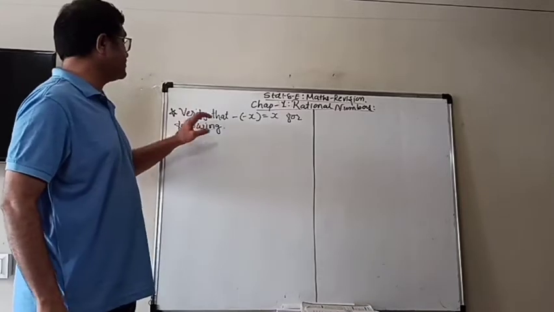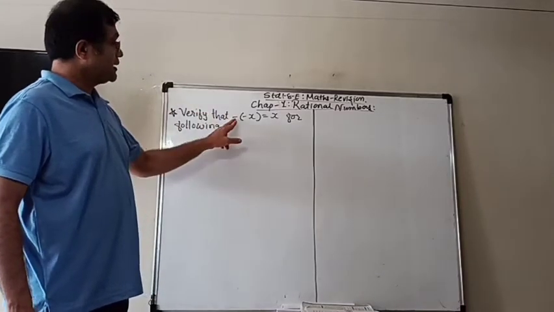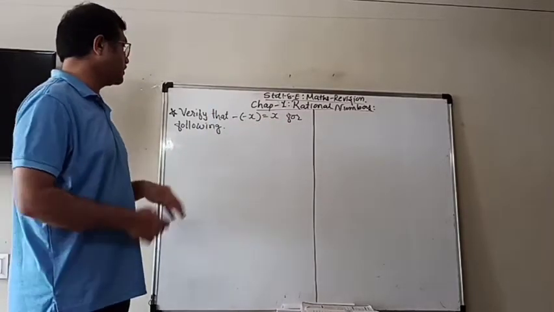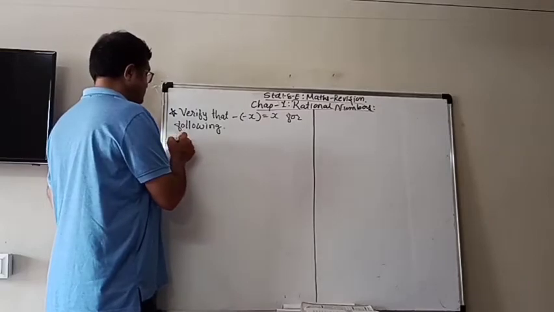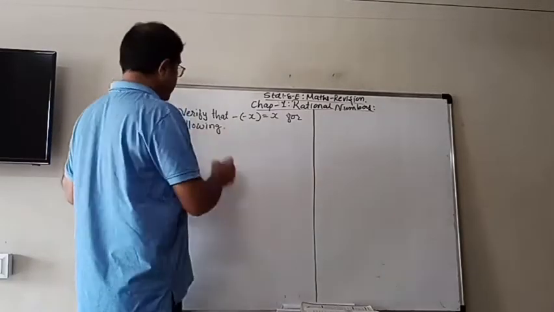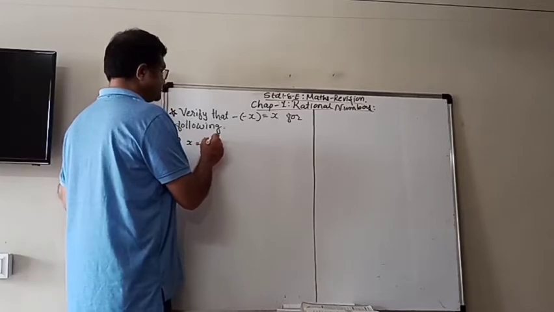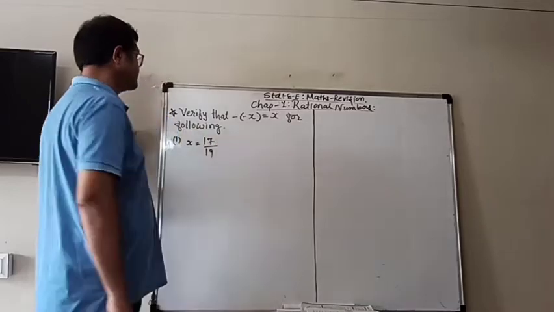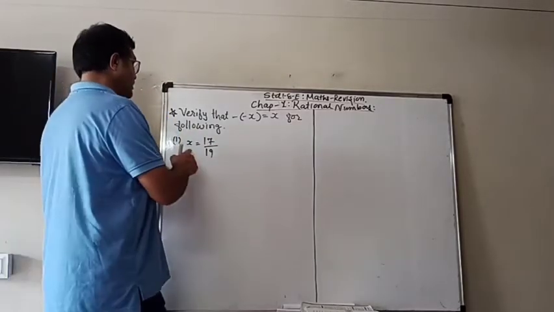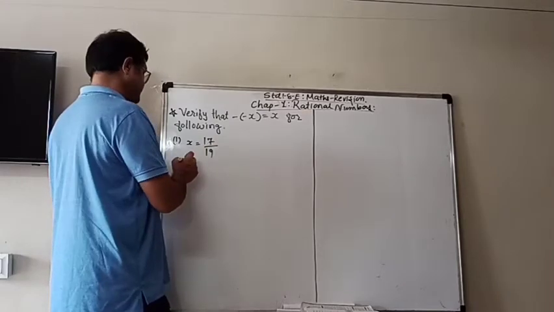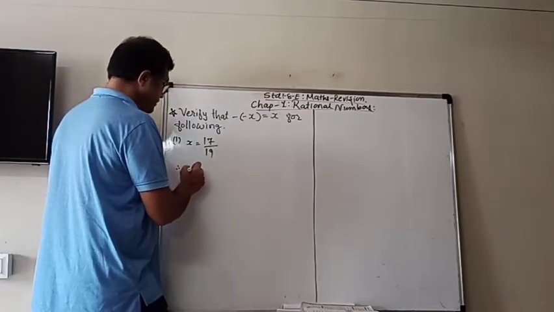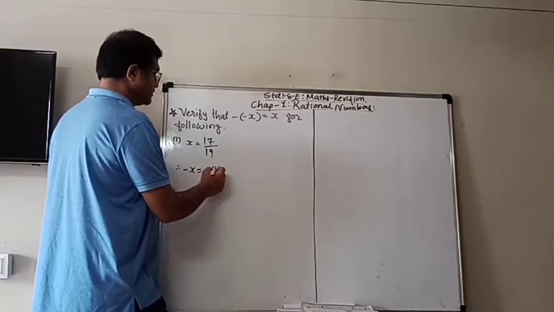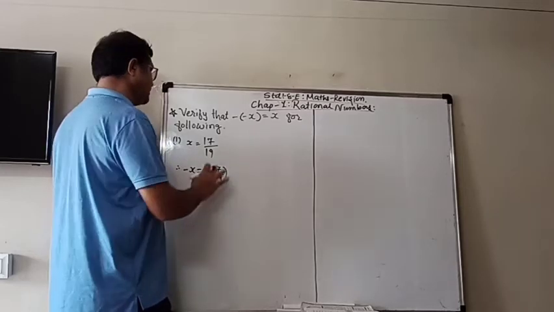Now first we will start with verifying that negative of negative x is equal to x. That we have to verify for the given values of x. First let's take x is equal to 17 upon 19. Therefore minus x will be minus of 17 upon 19.